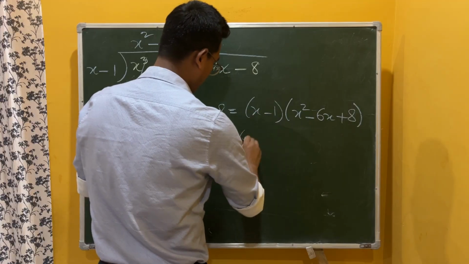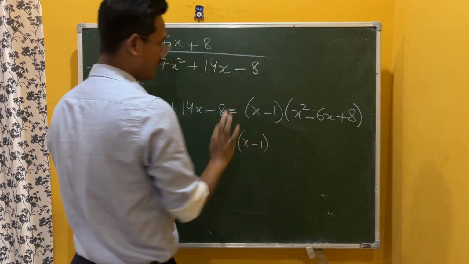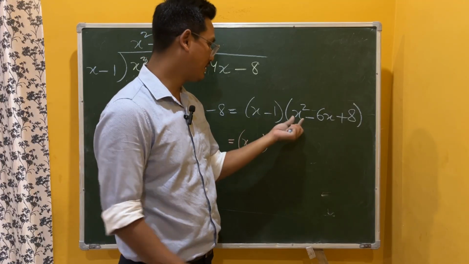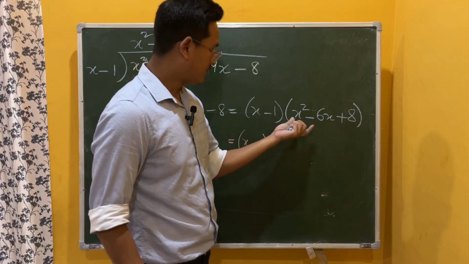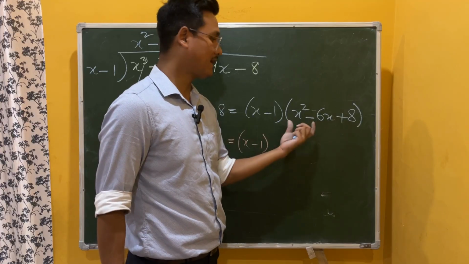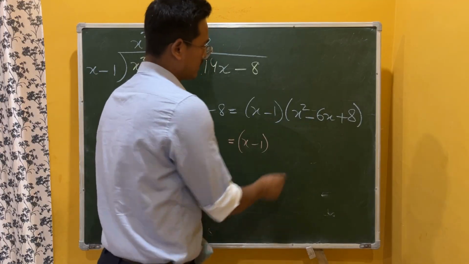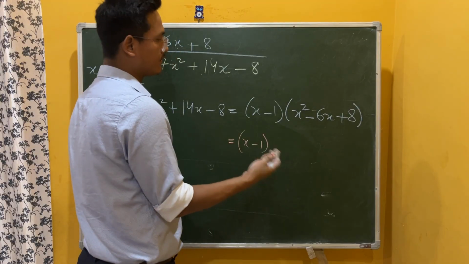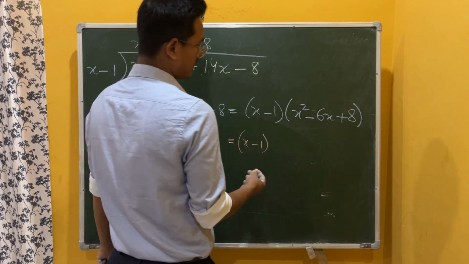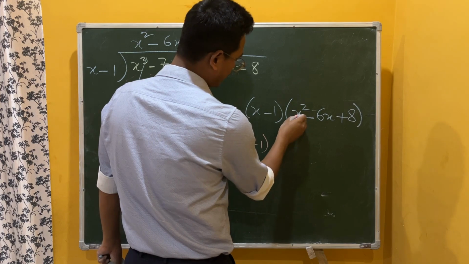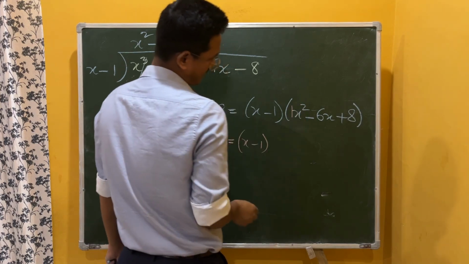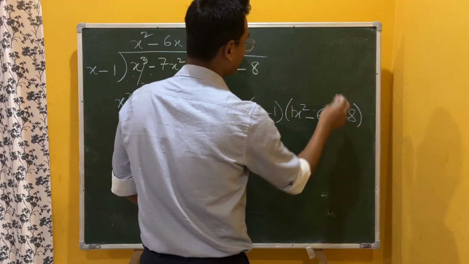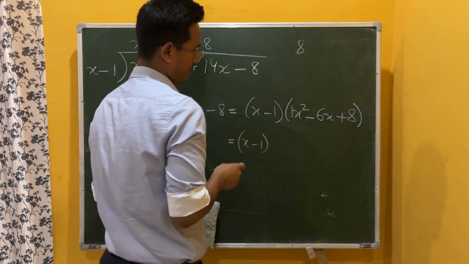So this, you can't do anything with, but this one is a quadratic polynomial, means the degree is 2. Check whether this can be factorized. So we factorize a quadratic polynomial by middle term breaking method. So how do we do it? What is the coefficient of x square? It is 1. So multiply the coefficient of x square with 8. So 1 times 8 is 8.